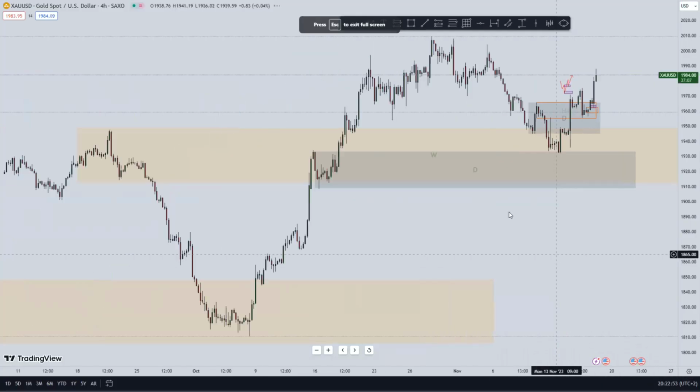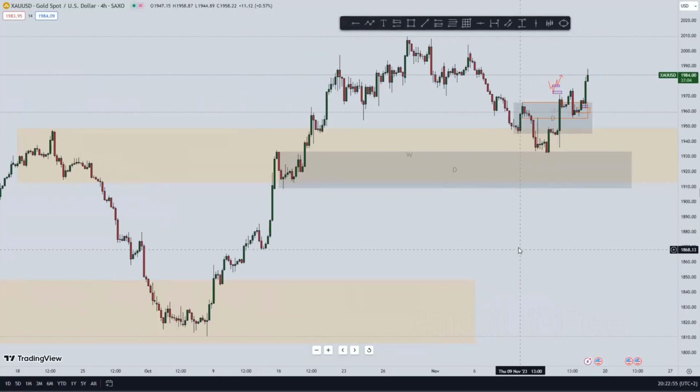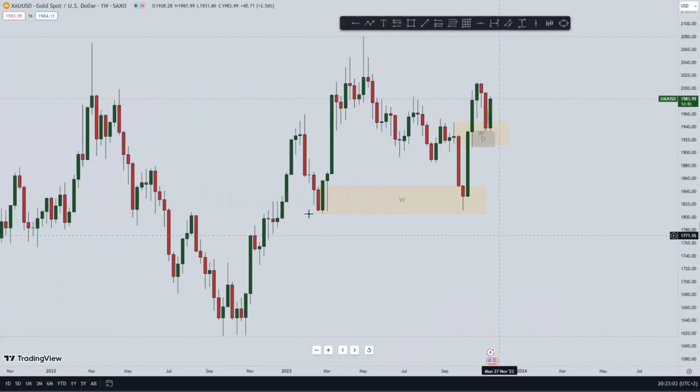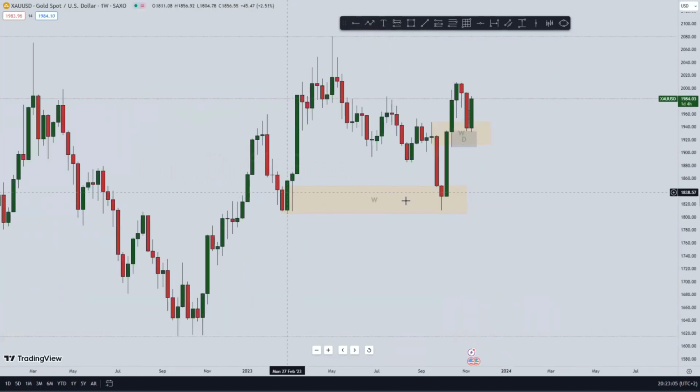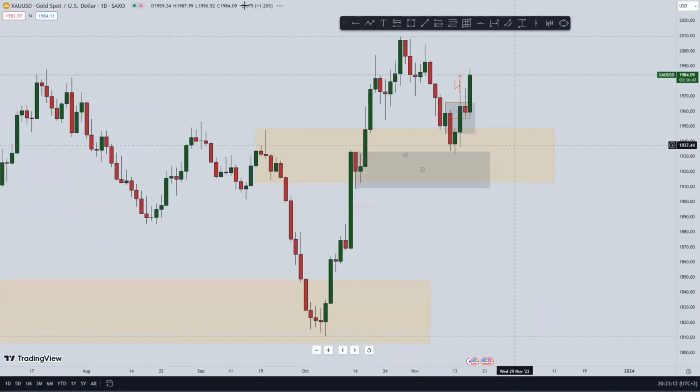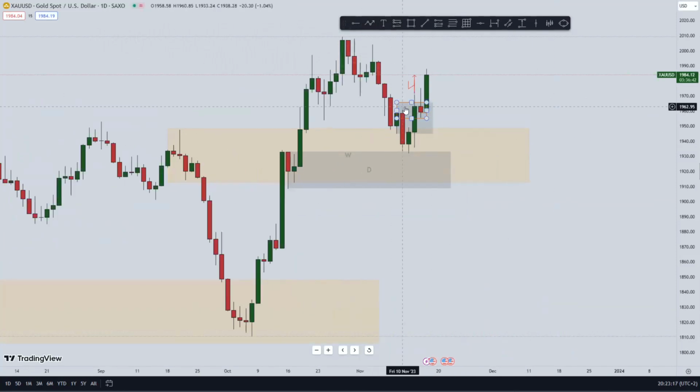I was talking about this. On TradingView, this was my analysis. From weekly, I still have this zone and this EF. So I already knew that we would go higher. On daily I had this zone plus this EG buy here.